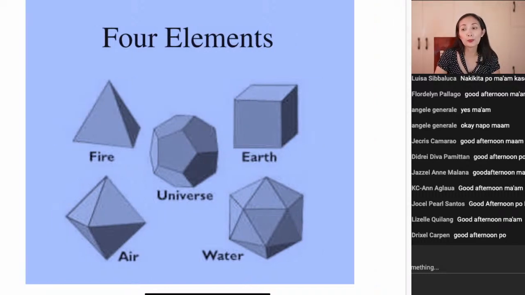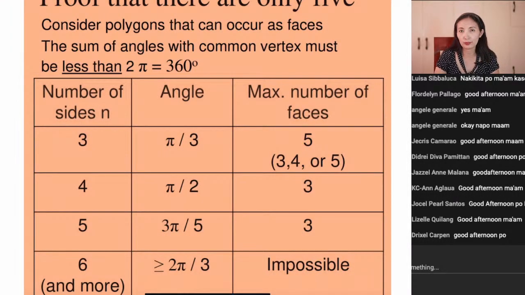Now, the proof that there are only 5 regular polyhedra. We consider polygons that can occur as faces, and the sum of the angles with a common vertex must be less than 2 pi, which is 360 degrees.